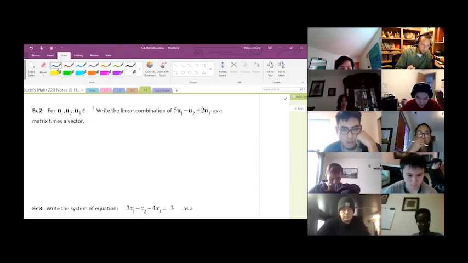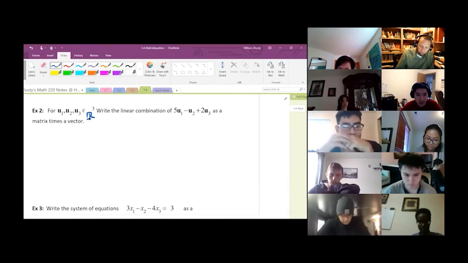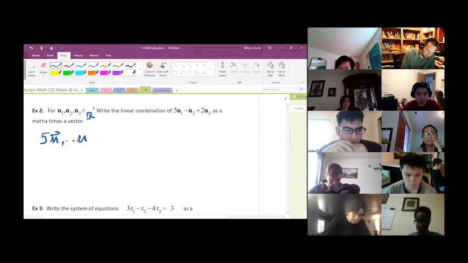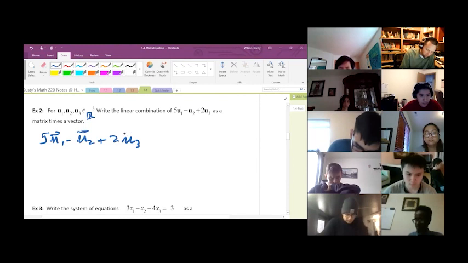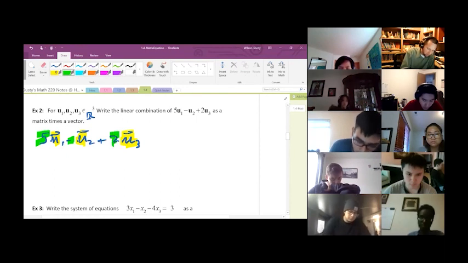So first of all, in example 2, for u1, u2, u3 in, what should go in the box here? What goes in the box? An R. Thank you, Felix. R^3. Write the linear combination 5u1 minus u2 plus 2u3 as a matrix times a vector. So I have 5u1 minus u2 plus 2u3, and what I want to point out is that you have a bunch of vectors here with coefficients 5, -1, and 2.